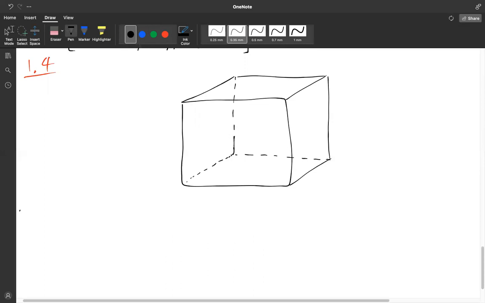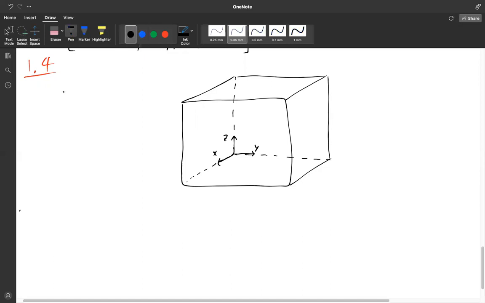Say that this is the x, y, and z direction. And we'll take a look at the x direction first.